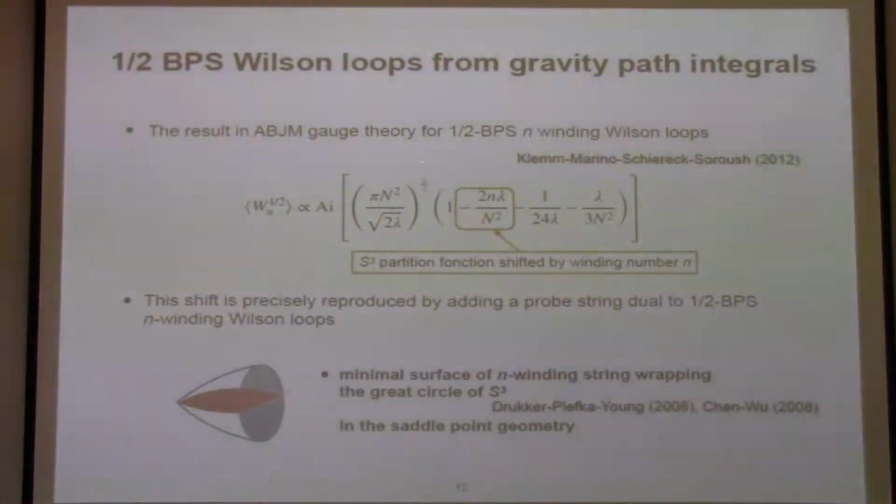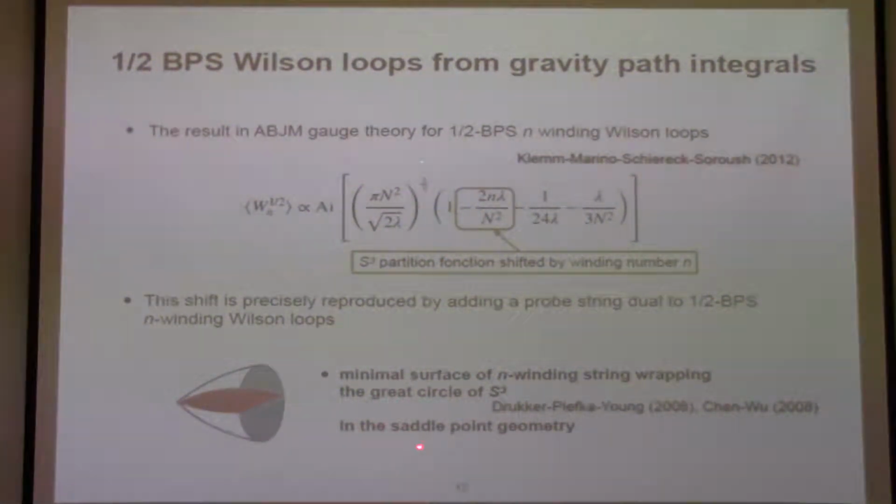So what we're going to do is just add a probe string, and then we need to find a minimal surface anchored at this great circle of the sphere, which corresponds to this Wilson loop.